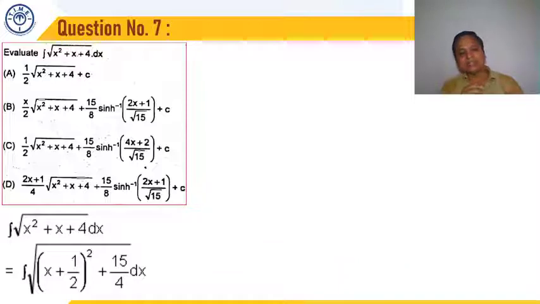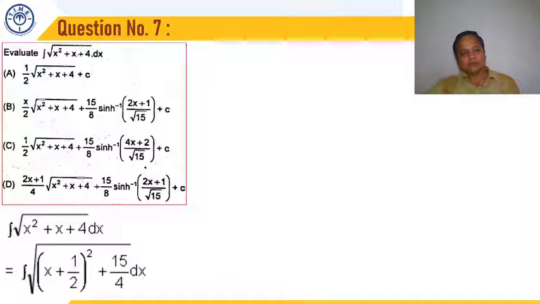So it becomes, if it's a plus sign, x² + x becomes a + b whole square. It becomes x + 1/2 whole square, and 4 minus 1/4 is 15/4, dx. Now this leads to a standard result we have. So we try to convert this into a standard form.